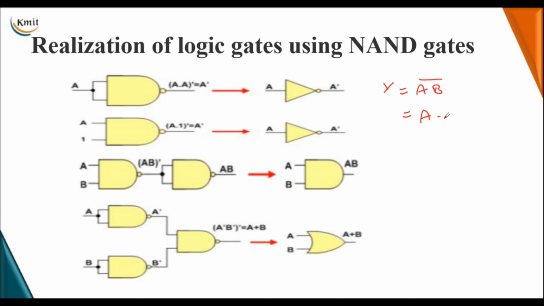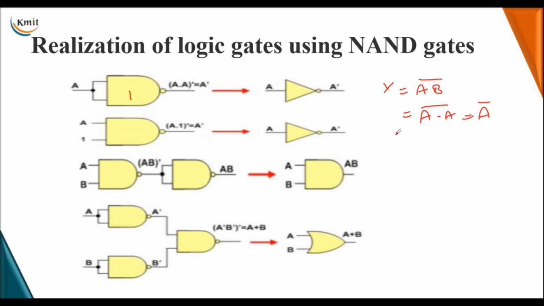If the second input is also A, then I obtain (A AND A) whole bar. A AND A, using the AND law, is A, so the output is A bar. Like this you can implement a NOT gate using only one NAND gate by interconnecting the two inputs.